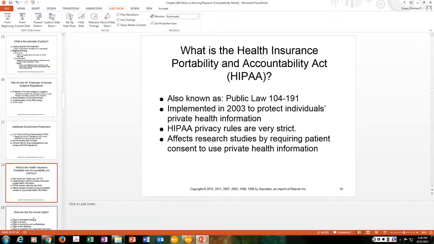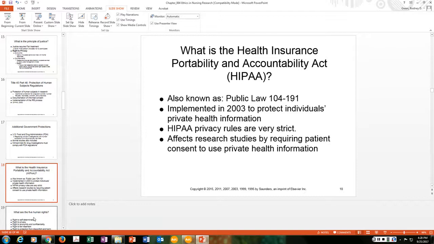What is the Health Insurance Portability and Accountability Act, HIPAA? I think you're probably very familiar with this. It was implemented in 2003 to protect individuals' private health information. HIPAA privacy rules are very strict, and it affects research studies by requiring patient consent to use their private health information in a study.